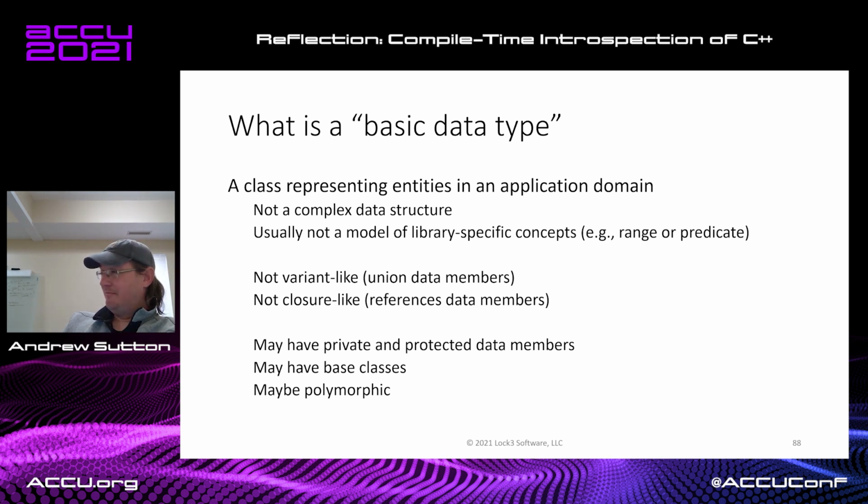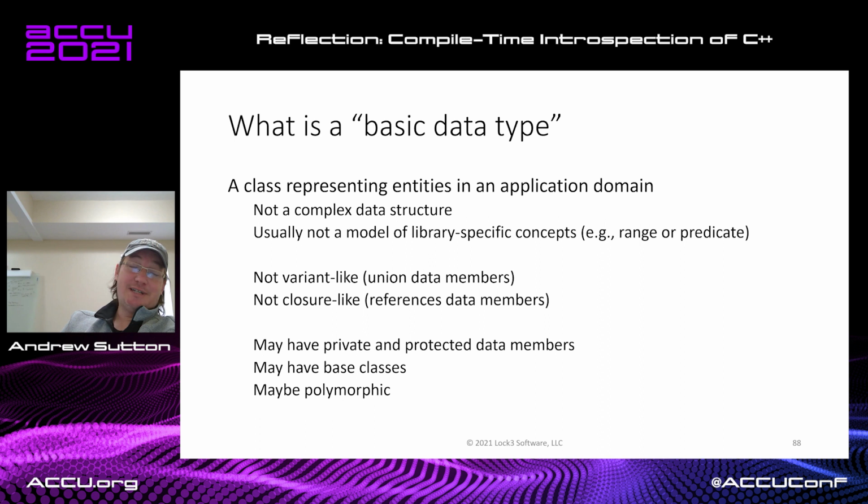I know that most implementations of standard variant use character buffers instead of recursively composed unions these days, but it probably doesn't have those either. It's not closure-like, it doesn't have reference data members. I tend to think of classes with reference data members as being closure-like, kind of like a closure for a lambda expression that captures by reference is sort of closed over a set of local variables. At least that's the way that I think about it.